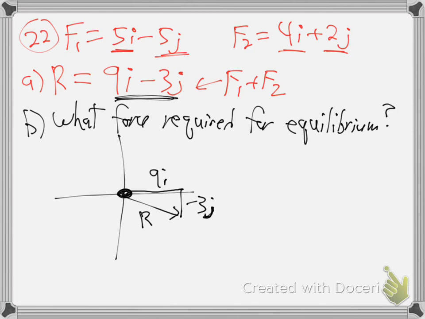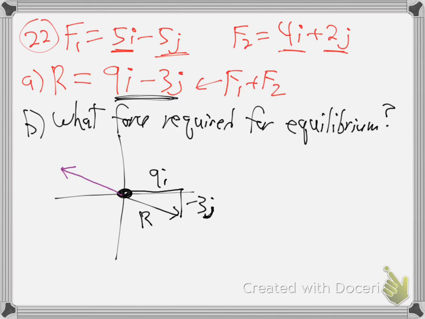Equal and opposite. We need an equal and opposite force to keep it in equilibrium. So in other words, if you're pushing on something down and to the right, you need something pushing up and to the left to keep it in perfect equilibrium. So it won't move anywhere, right?